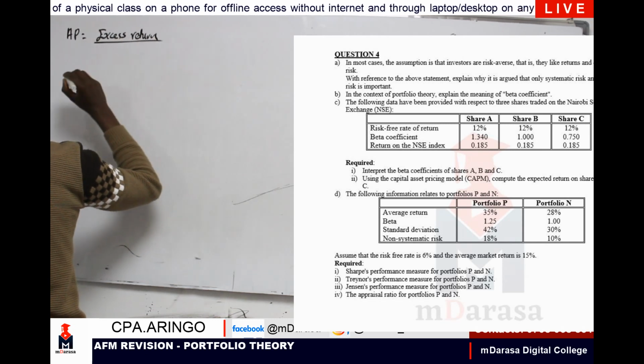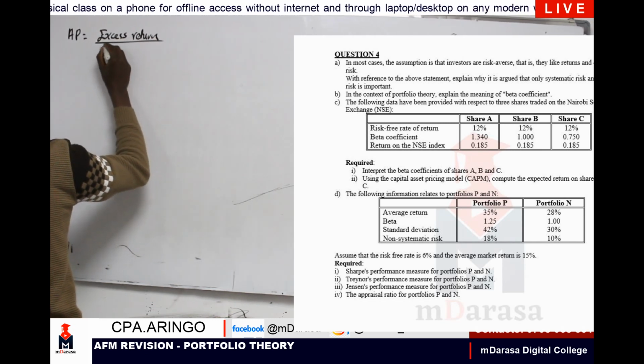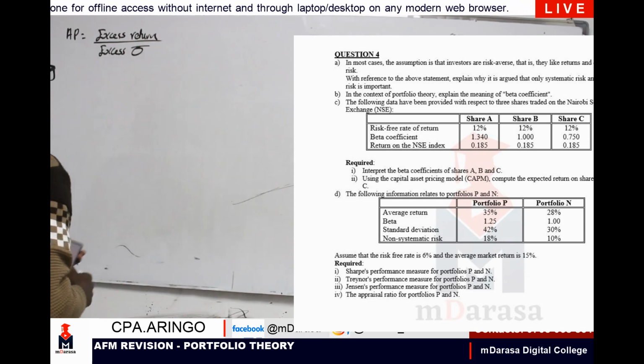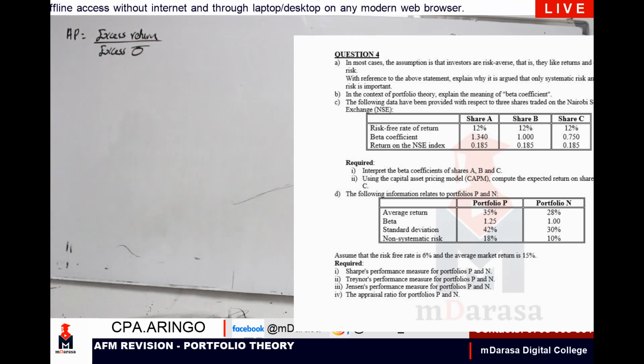We normally divide this by our excess standard deviation. Excess standard deviation. That would give us, of course, what we normally refer to as the appraisal ratio.